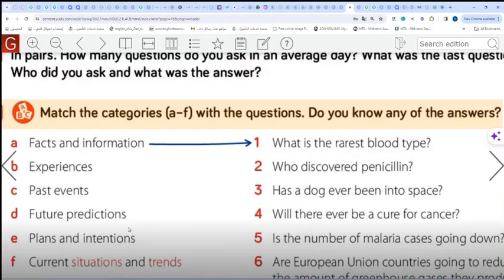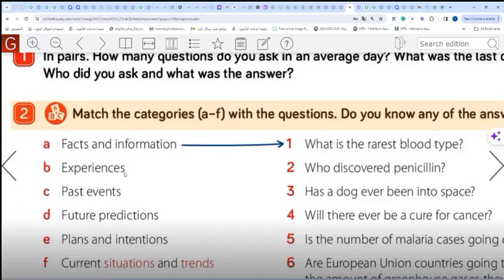Future prediction. But when you say has a dog ever been, it's past, not the future. It's present perfect. You know present perfect? Has plus past participle. So this expresses experiences.